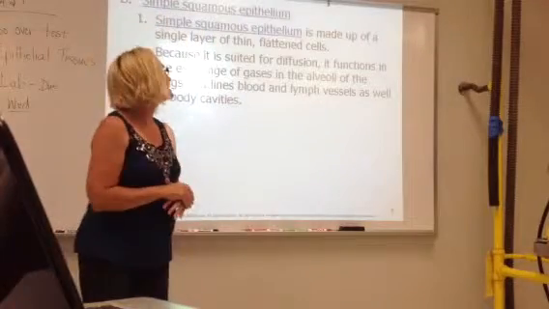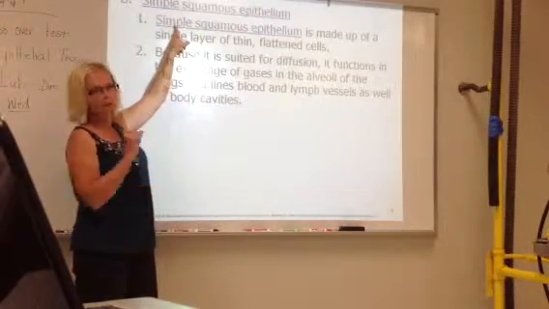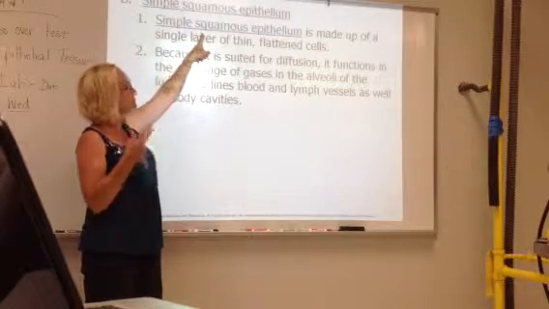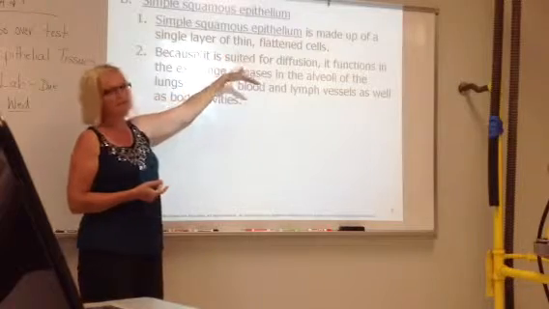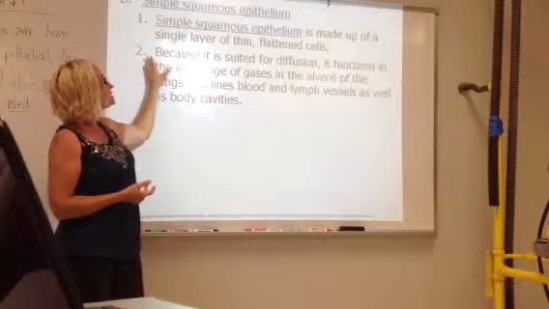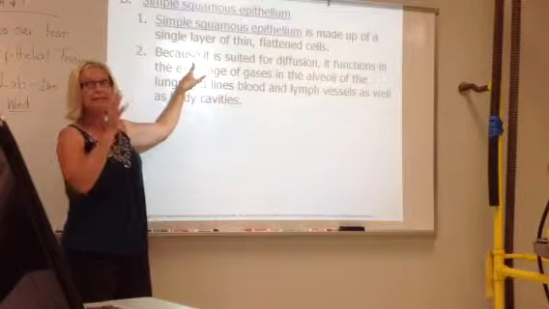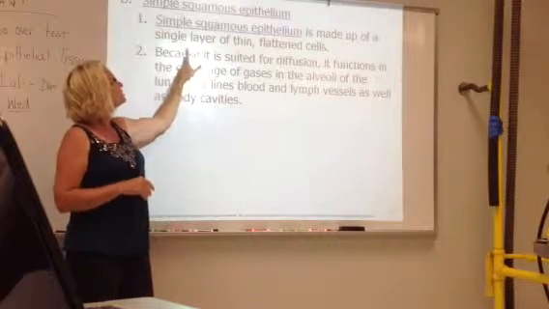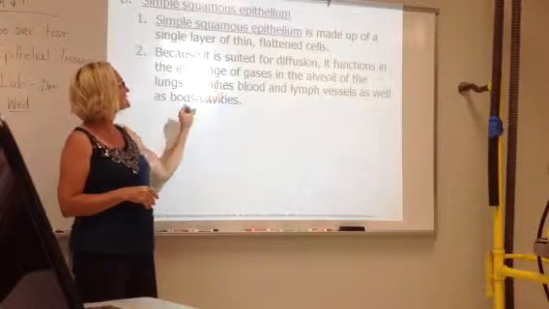So, first one, simple squamous. Simple means one layer. Squamous means flat. So it's made up of a single layer of thin, flat cells. Because it's a single layer, it's easy to get through, so it's suited for diffusion. Simple squamous is suited for diffusion, exchange of gases.